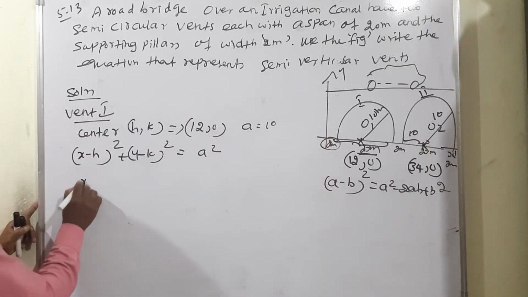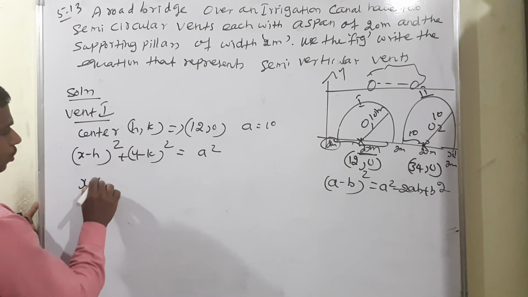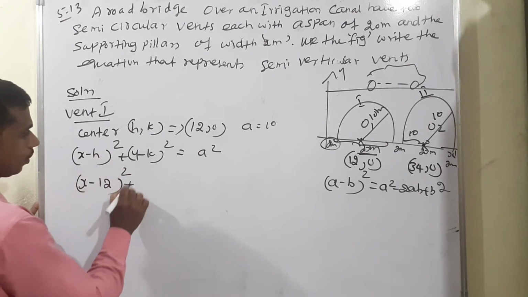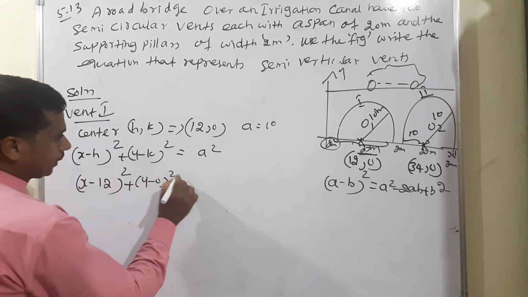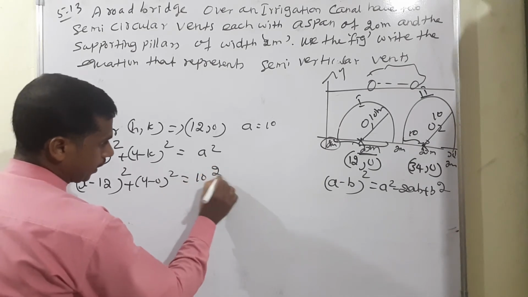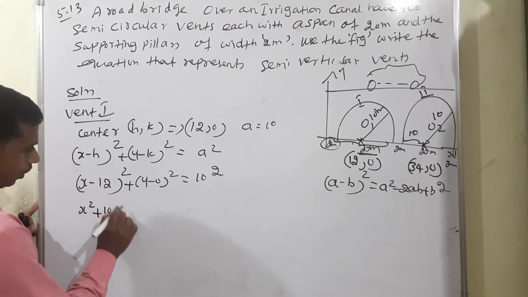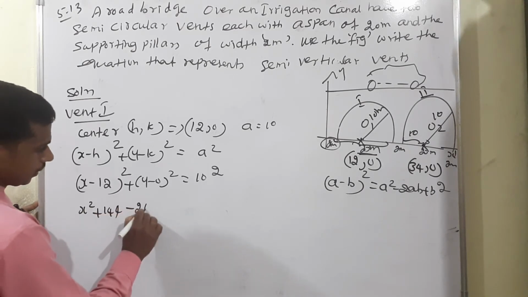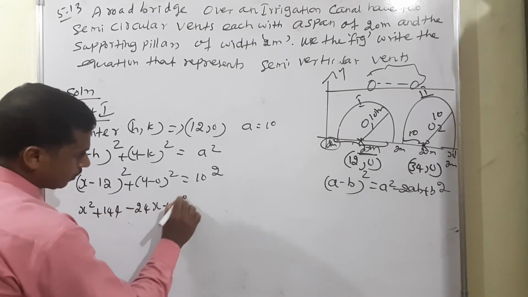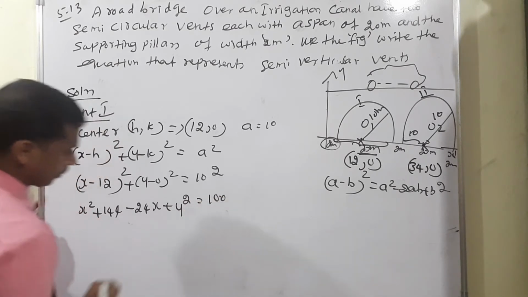We can write x minus 12 the whole square plus y minus 0 the whole square, and a square means 10 square. So x square plus 144 minus 24x plus y square is equal to 100.